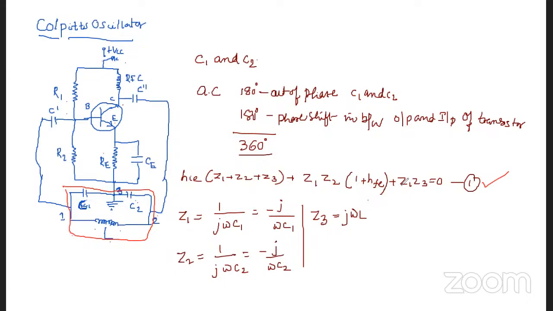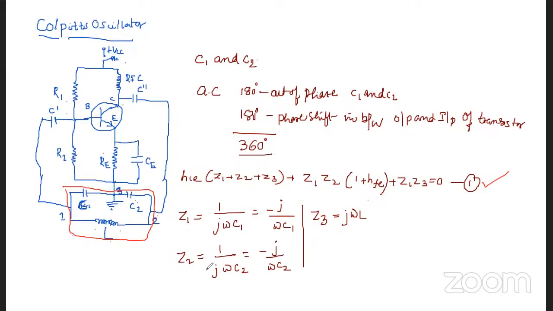Then here we will apply the impedances Z1, Z2, Z3. Z1 is 1 by j omega C1, which we can write as minus j by omega C1.